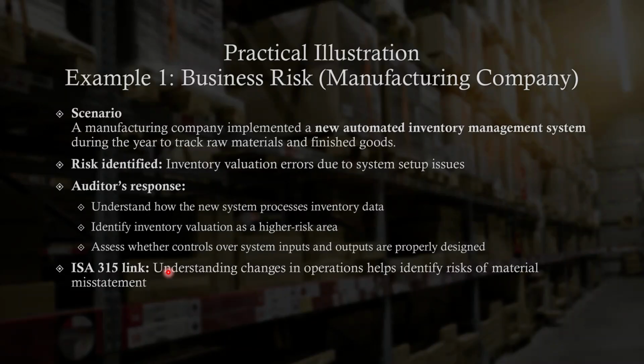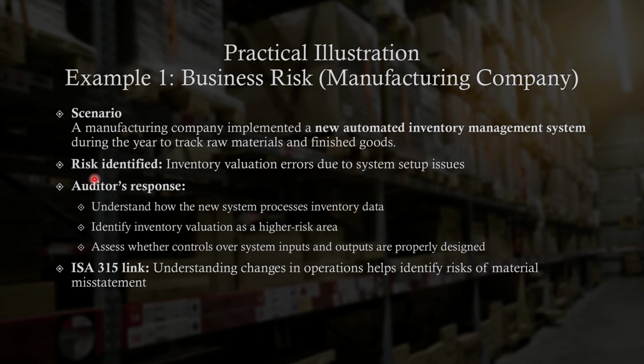Okay, let's go through them with the help of a practical illustration. Imagine a manufacturing company that has introduced a new automated inventory management system during the year. This change creates a business risk because new systems can have setup issues or data processing errors. The risk identified here is inventory valuation errors.